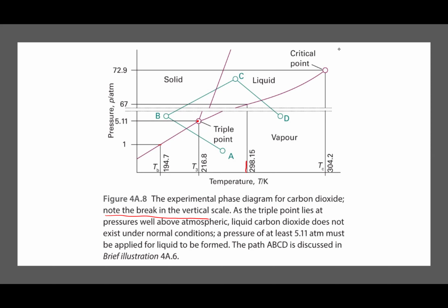But what you also notice is that at room temperature, there's never a way to get solid carbon dioxide. And if you look at normal pressure, there's no possible way to get liquid carbon dioxide at normal pressure.